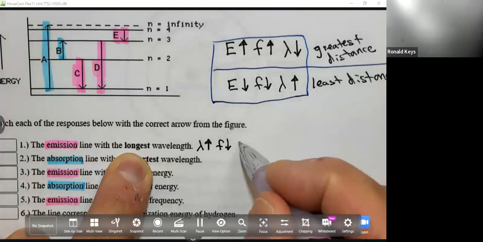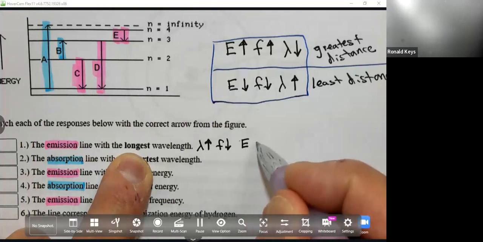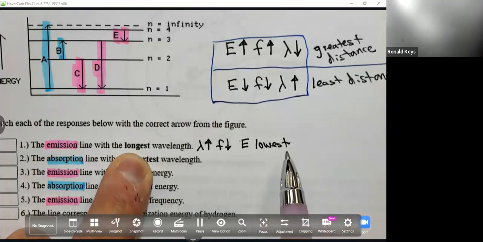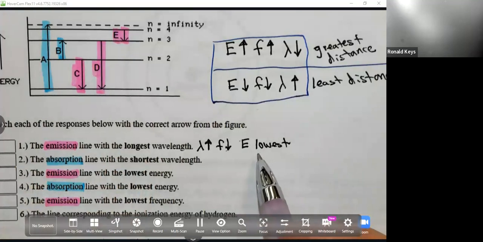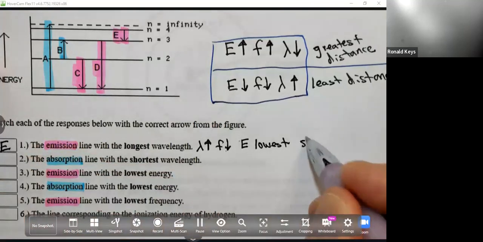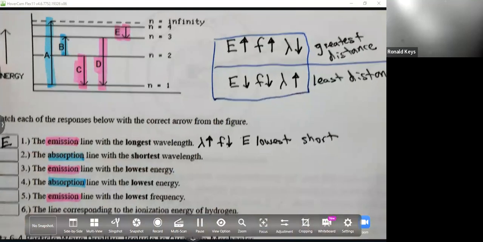And this energy then is going to be the lowest. Once you get frequency, you can relate it to energy and then just be thinking common sense. If the energy is the lowest, it's going to be the shortest distance. So we're looking at E here. Energy lowest, short distance. I'll just put short.